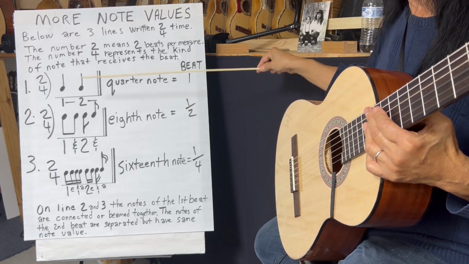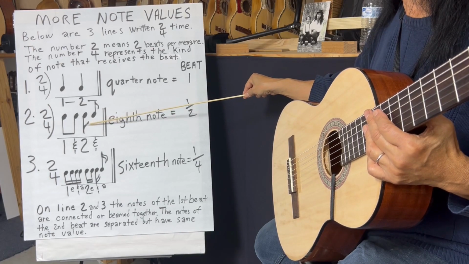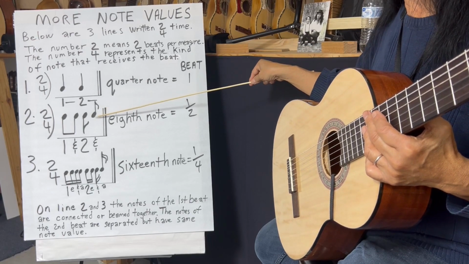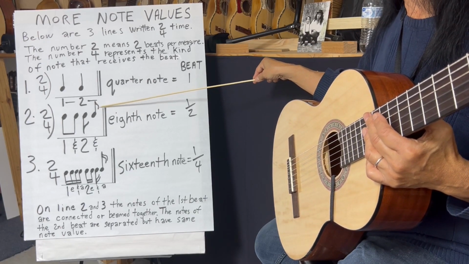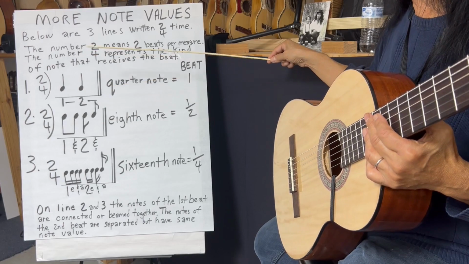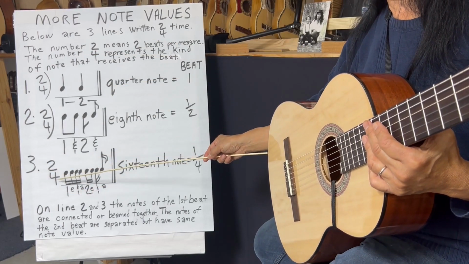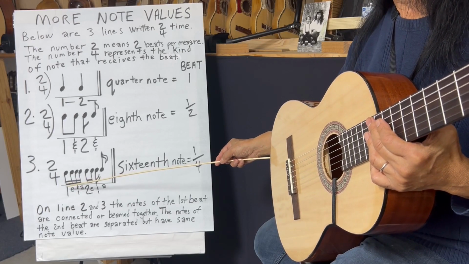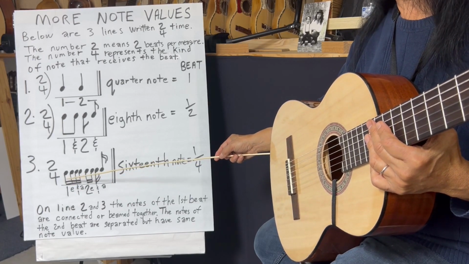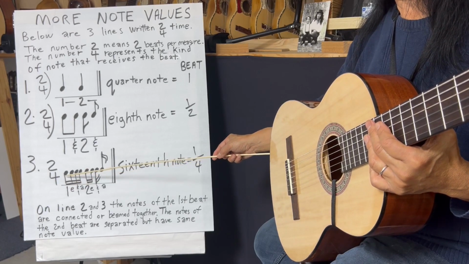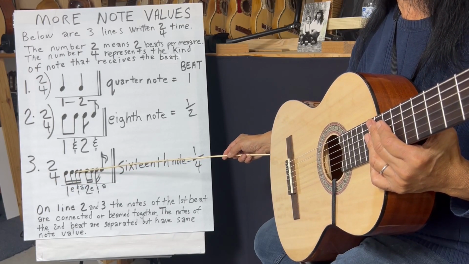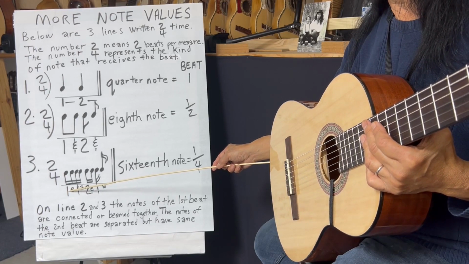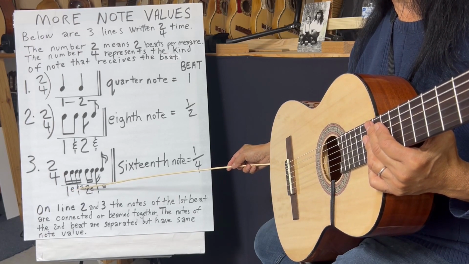So you can go stem down with 1 flag. The 1 flag represents the 8th note. Same here, stem up, flag down, 1 8th note. All right, same thing with number 3. In number 3, you have beat 1 and you're dividing it in 4. So you have 1 and 2 and, and for the 16th note we're using 1 E and a.